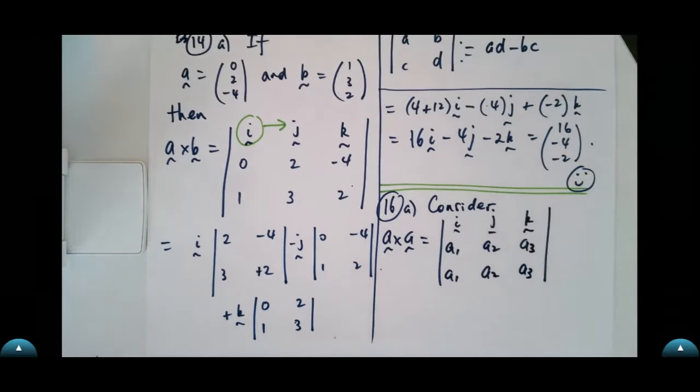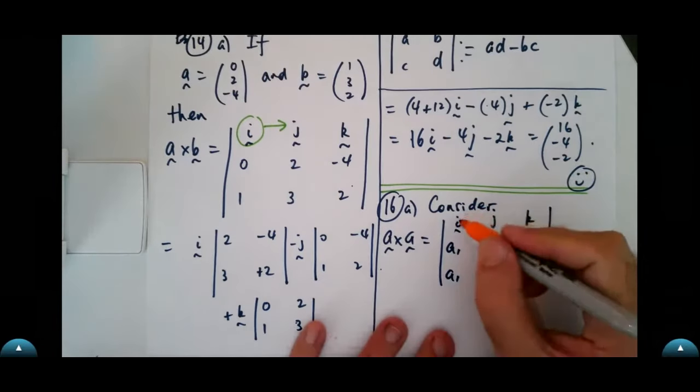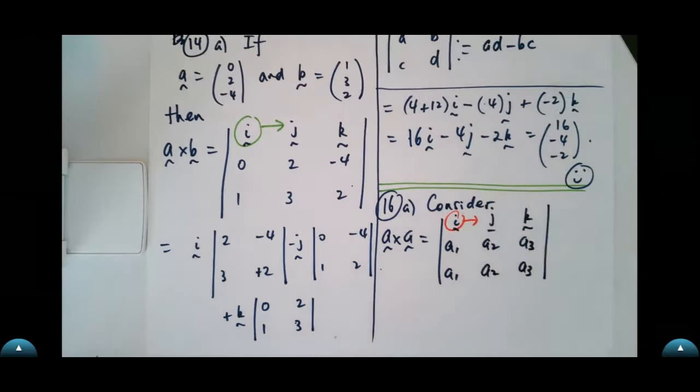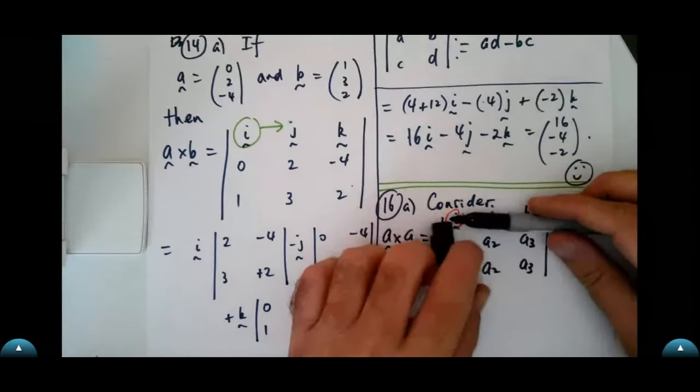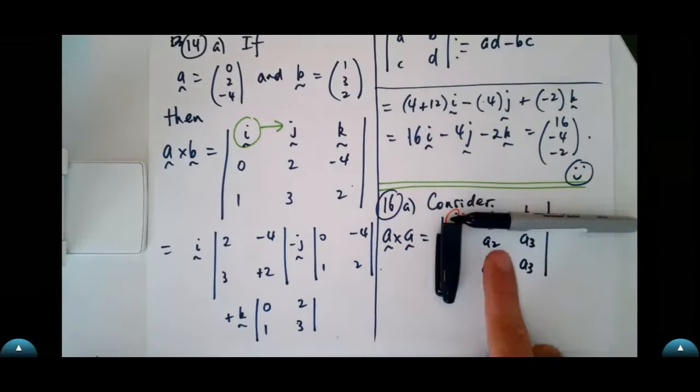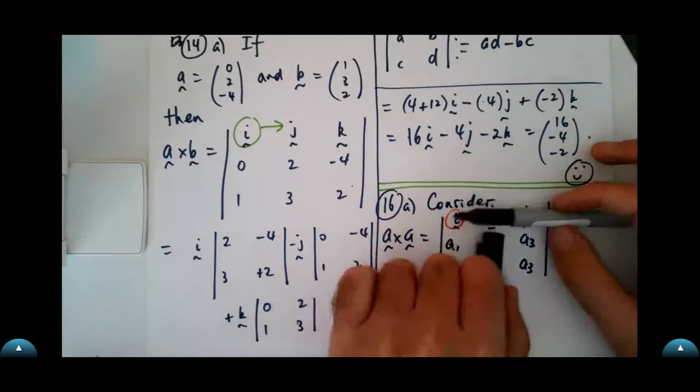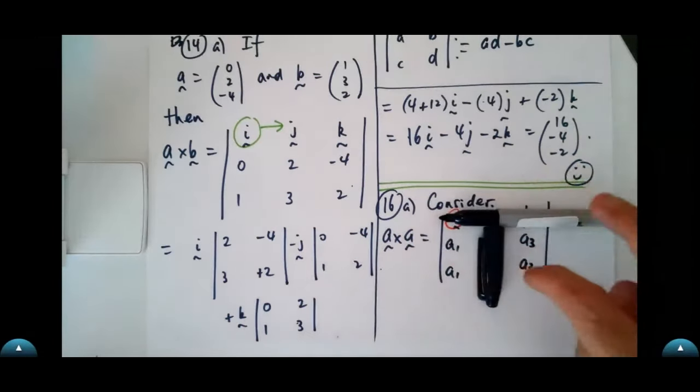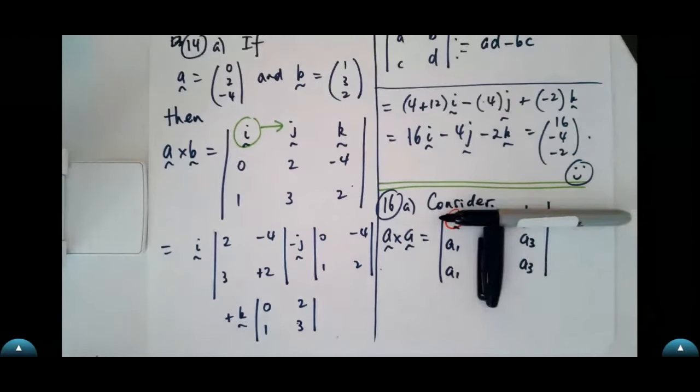So you start with I, and you move along the top row, and so I is in the first column in the first row, so it's I times that times that minus that times that, but that's zero. And then you move on to J, that times that minus that times that.